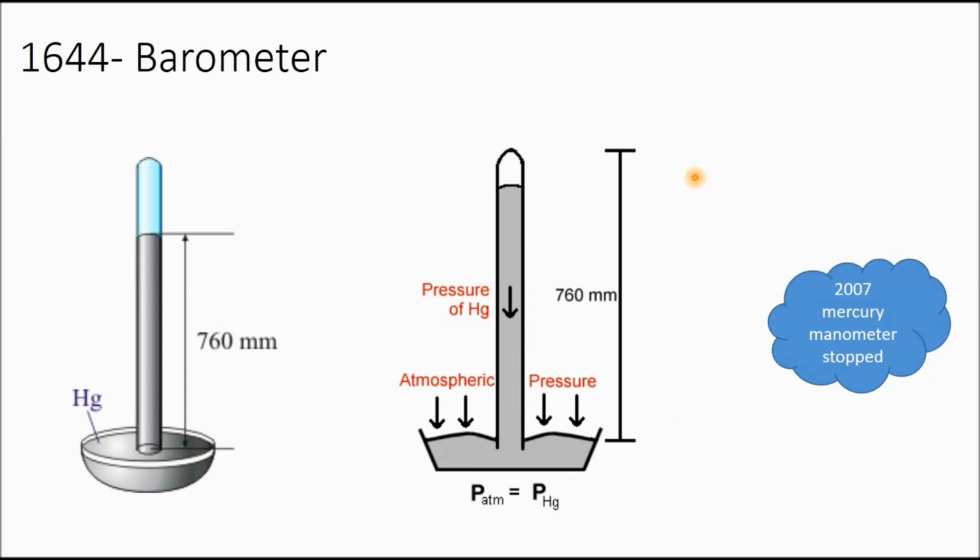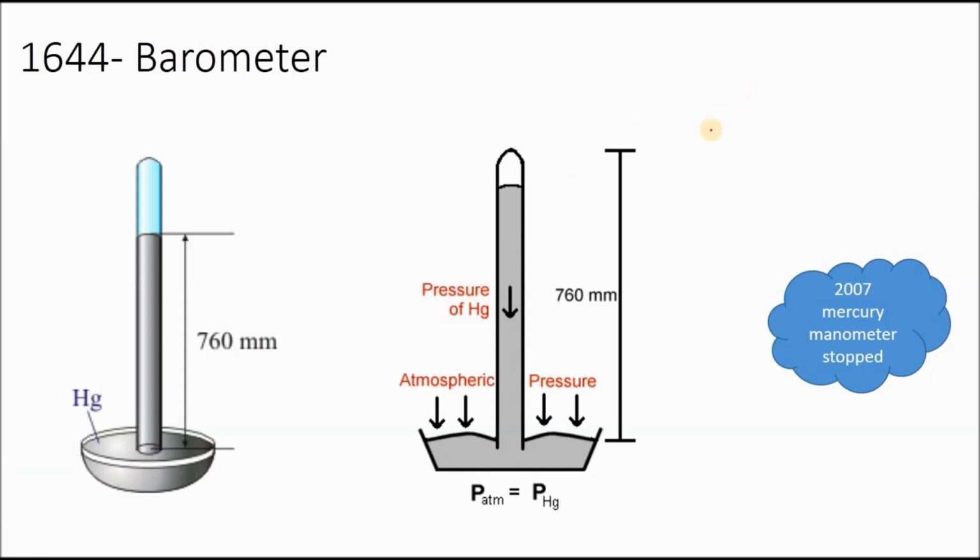One question is, up to what height can you suck, and the second question is, if instead of mercury I use a water barometer, what will be the changes? If you understand that, I think you will do one thing.